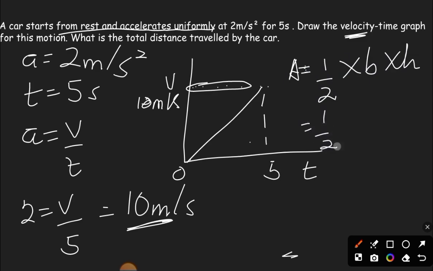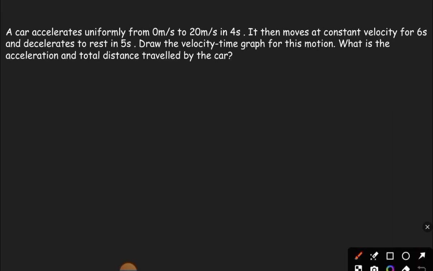So half multiplied by the base, which is 5, times the height, 10. Half of 10 is 5, and here 5. So total distance traveled is 5 times 5, 25. Unit for distance is what? Meters.